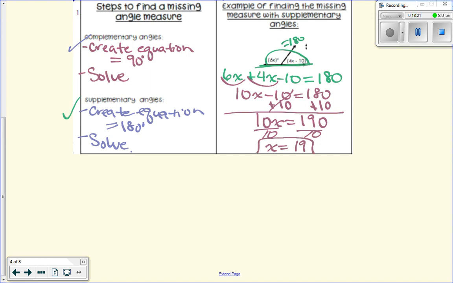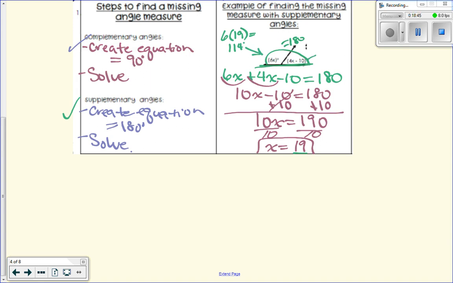What can I do to find each angle measure? Good. Substitute our x value, which is 19. 6 times 19 is? Say that again? 114. Good. 114 degrees.